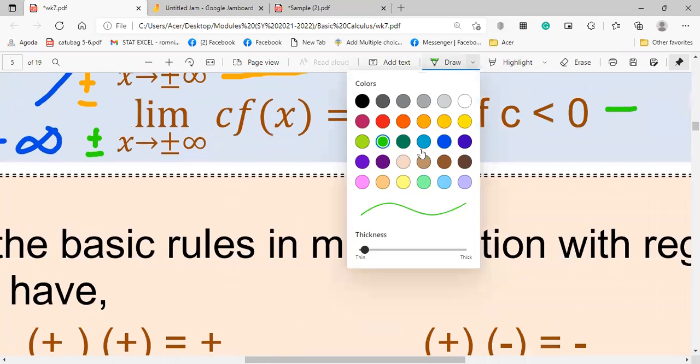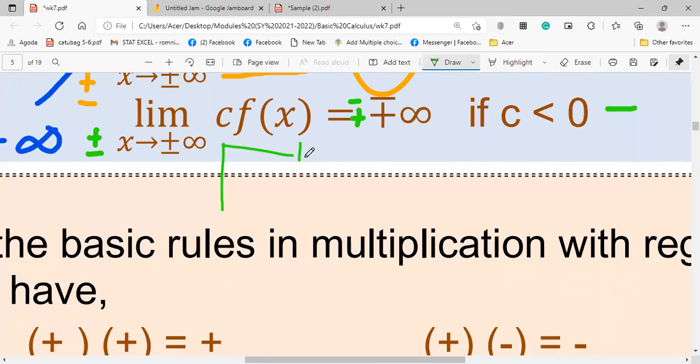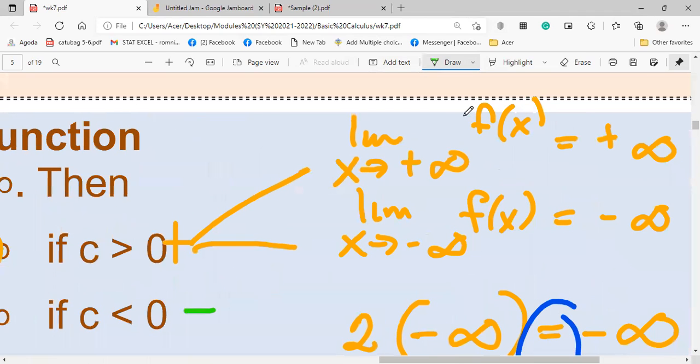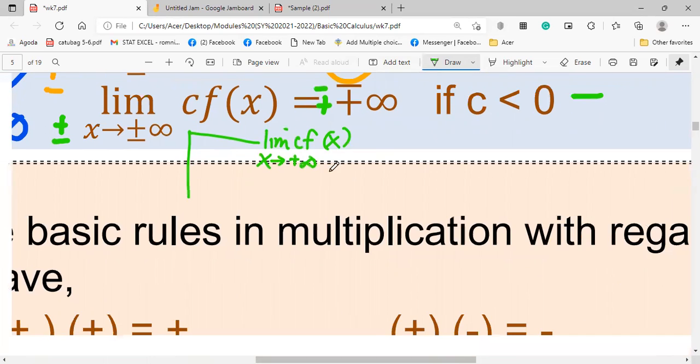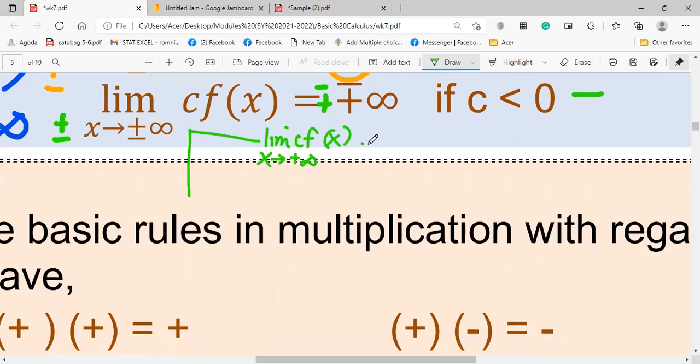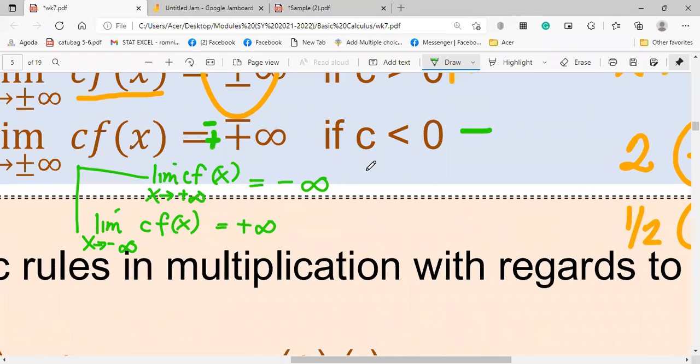Kapag isulat mo siya in the limit, limit of C f of x as x approaches positive infinity, where C is greater than 0 or positive, yan daw ay magiging negative infinity. Yung isa naman, limit ng C f of x as x keeps on decreasing ay magiging positive infinity. Magbabaliktad siya.